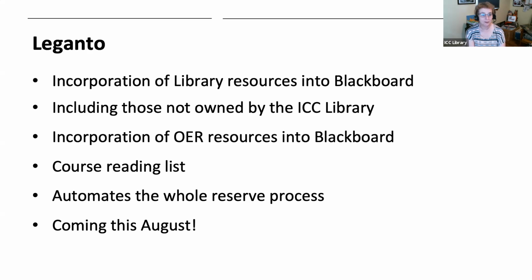You can include PDFs of things that you have in your files somewhere. You can use open education resources in your Blackboard by basically making a course reading list. In a way, it's kind of automating the whole reserve process.